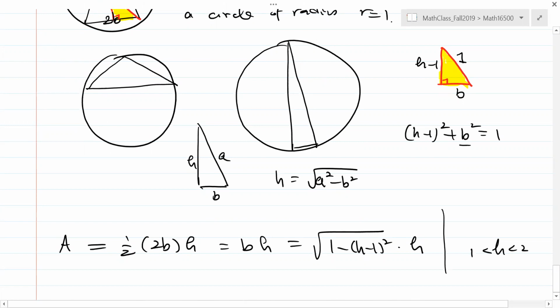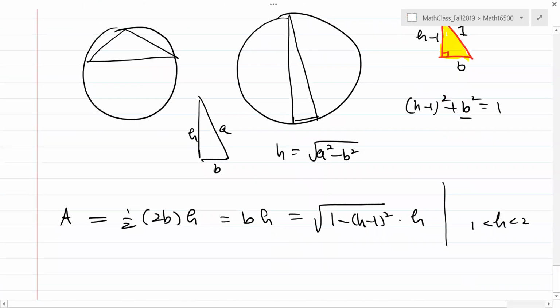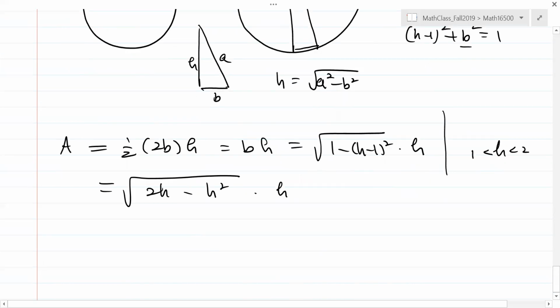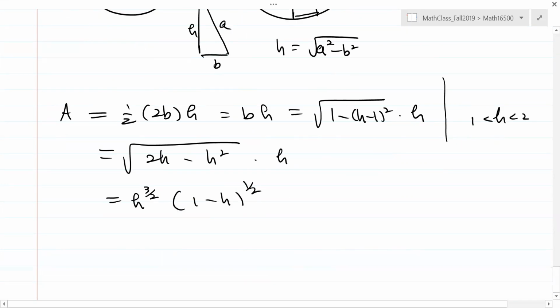So anyway, the area is a function of h. After you simplify, it's going to be the square root of 2h minus h squared, times h. You can also take h out. Then there's h to the 3 over 2, and (2 minus h) to the 1/2. Okay, so this is a function of h. It's a pretty strange function.